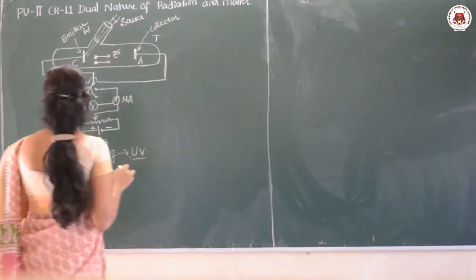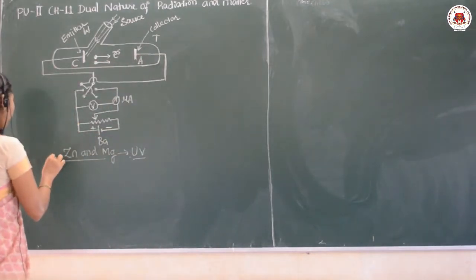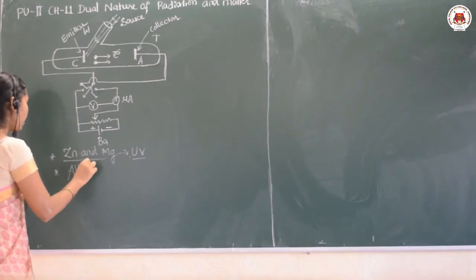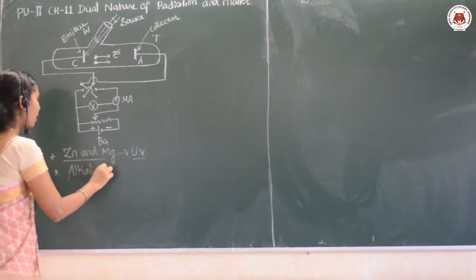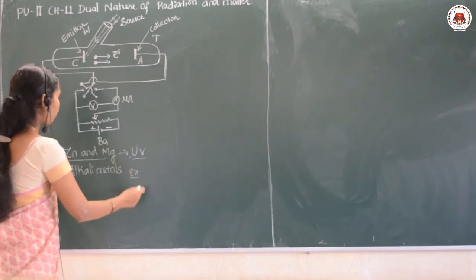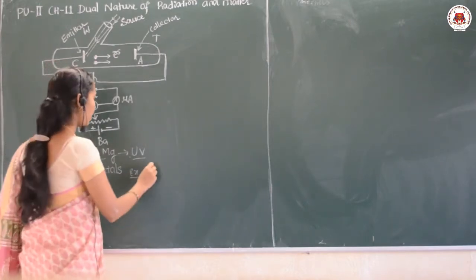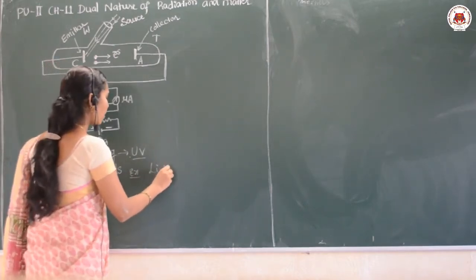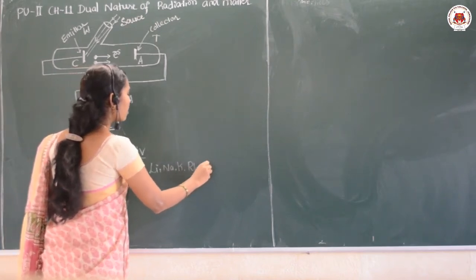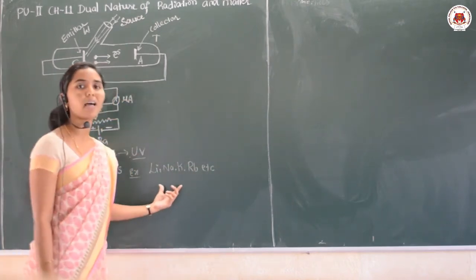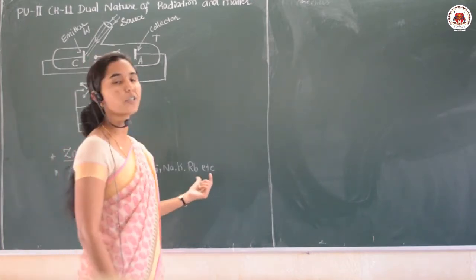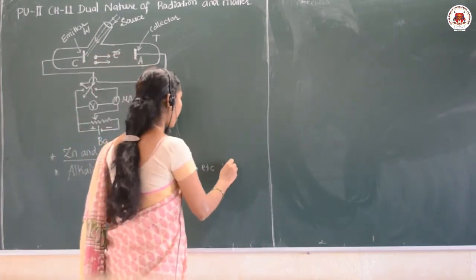Then we can use another example, alkali metals. What are alkali metals? Examples are lithium, sodium, potassium, rubidium, and so on; many alkali metals are there.